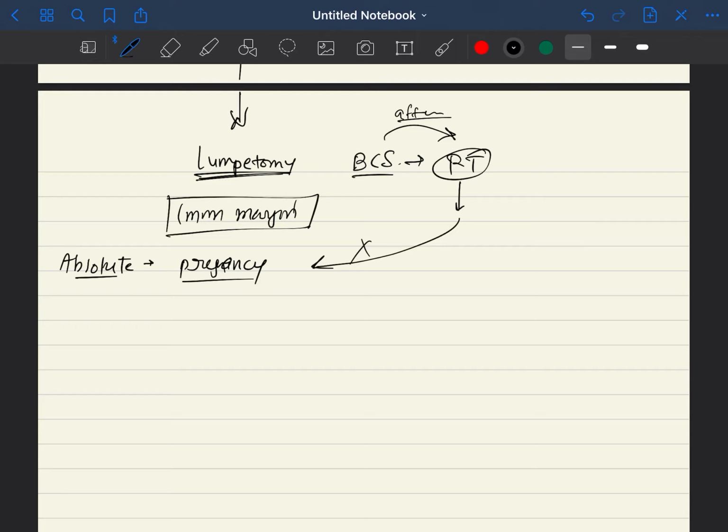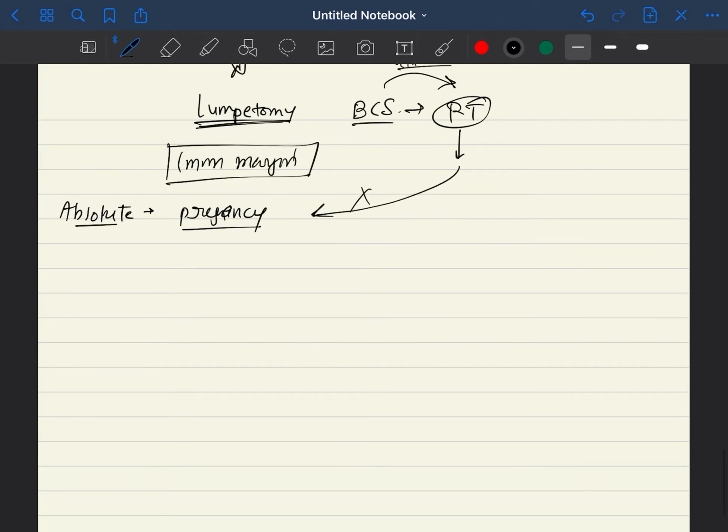So it's an absolute contraindication to do BCS, right? And relative contraindications are collagen vascular disease, like SLE or RA, or prior radiotherapy to the chest wall.